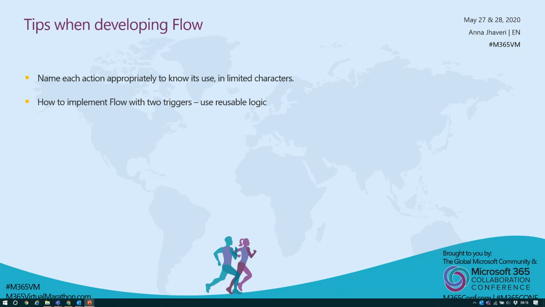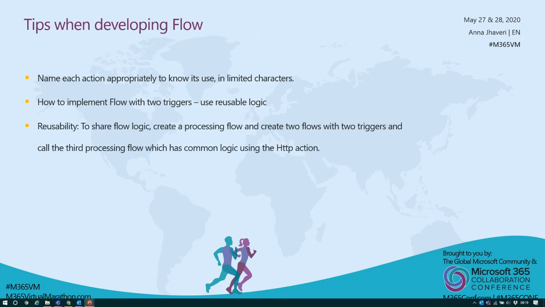But what you can do is develop a common reusable flow, and all the common logic will reside in that flow. Then you can have two other flows which will just call that reusable flow. Those are two different flows with two triggers calling one same reusable child flow, which will have the reusable logic.